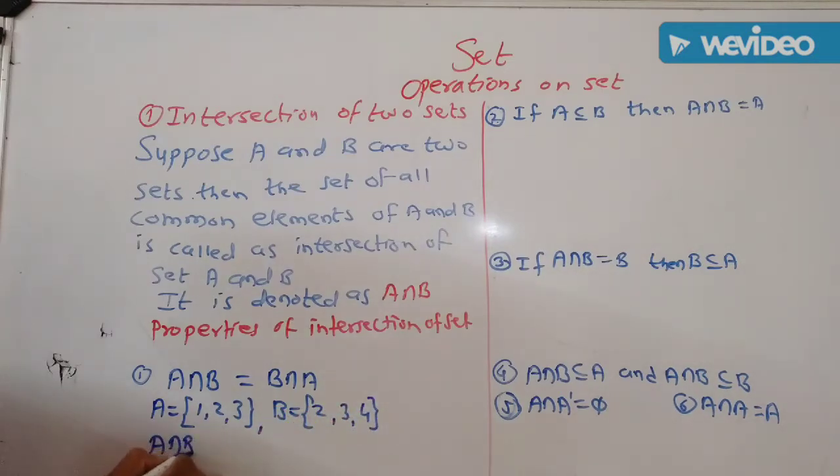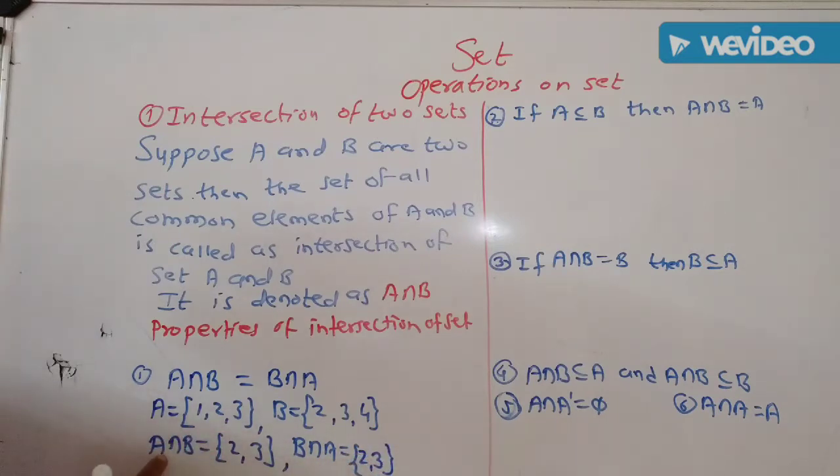Then A intersection B, the set of all the common elements between these two sets, is {2, 3}. Suppose we take B intersection A. Again, the set of all the common elements between B and A is {2, 3}.